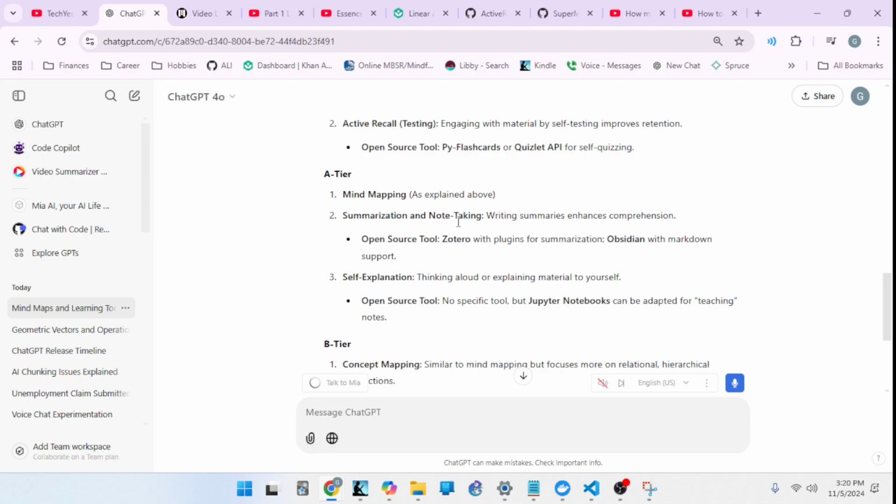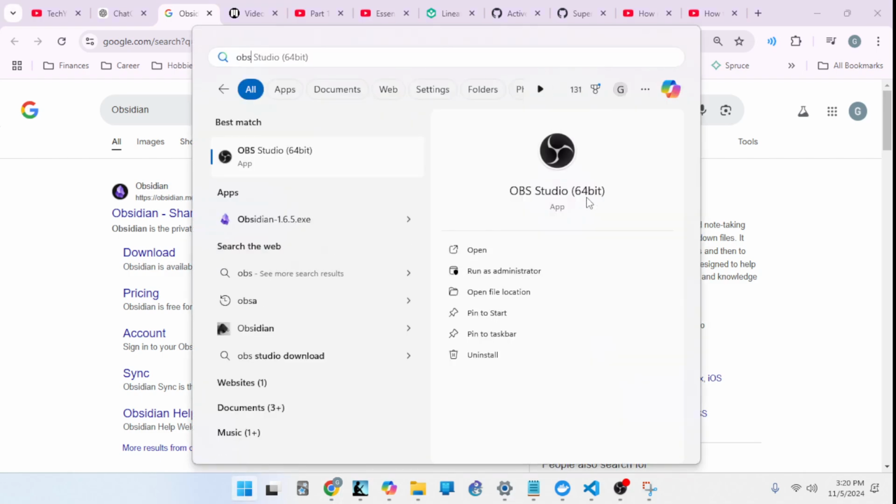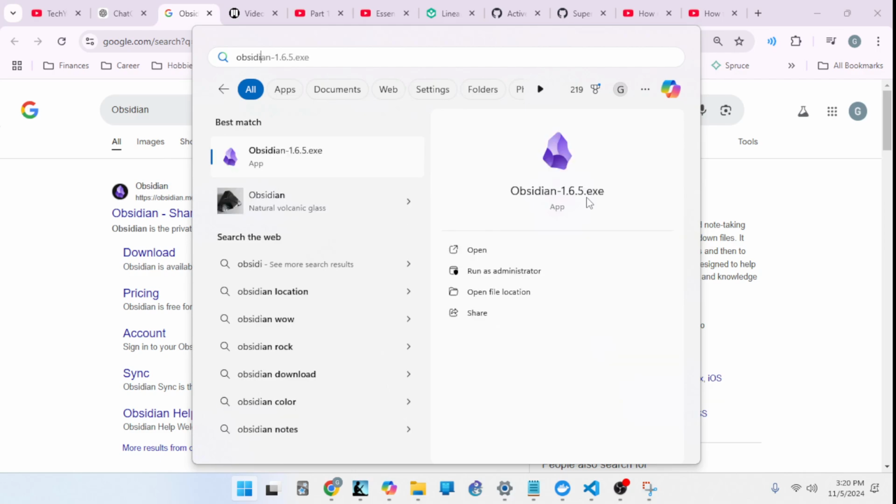So we can use Obsidian. I think Obsidian's the free one. Yeah, Obsidian's the free one.